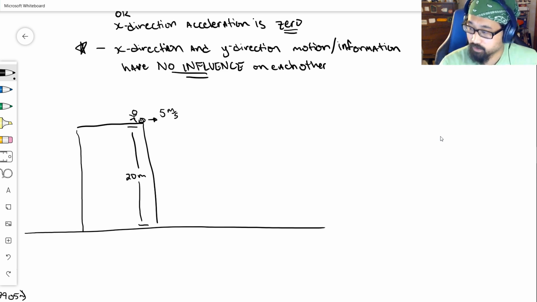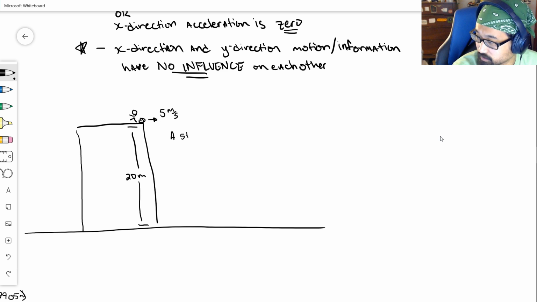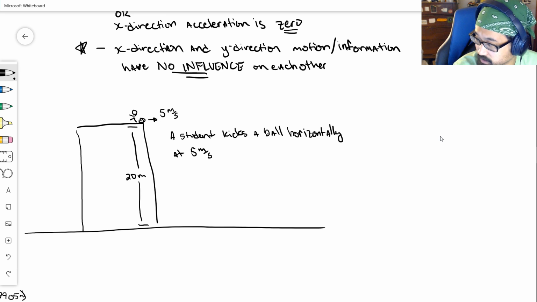And the very common question: a student kicks a ball horizontally at 5 meters per second from a roof 20 meters above the ground.